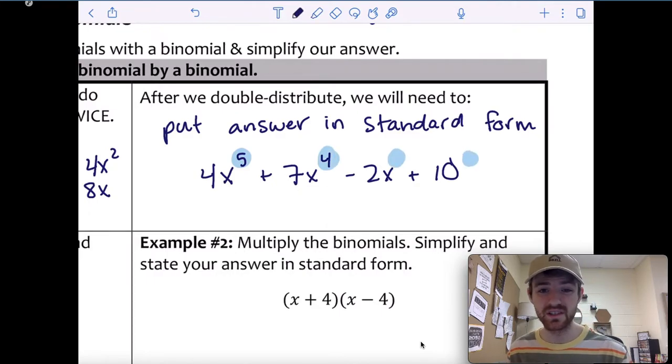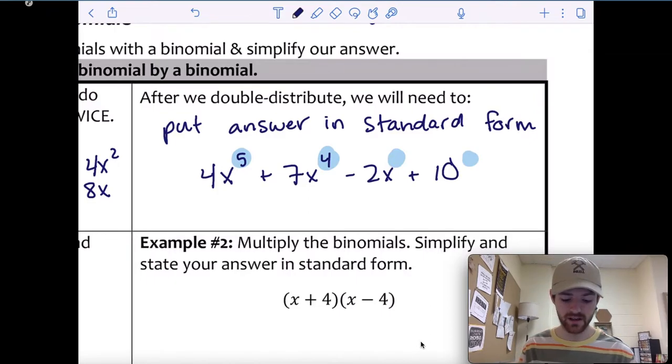Some students have organized them by the coefficients, by these numbers out in front. That's wrong. You organize them by the exponents.